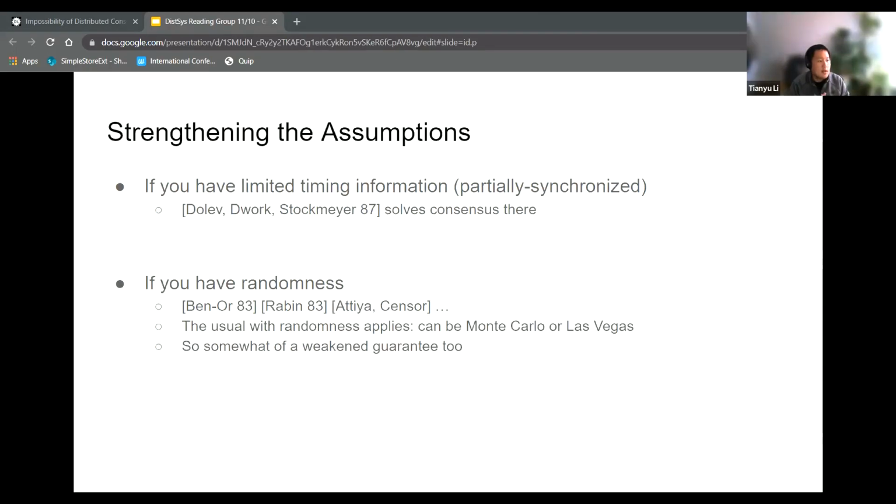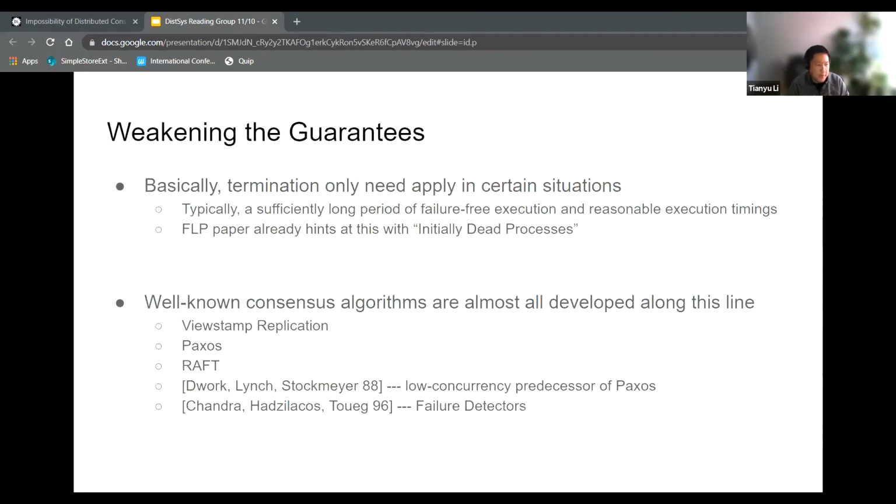Okay, I'm not going to go into too much detail about assumptions. Here are a bunch of pointers to work in this area. You can check it out offline. I'll send the slides to the Slack channel. Let's focus on the guarantees. Basically, termination only needs to apply in certain situations. Typically, if you have a sufficiently long period of failure-free execution and reasonable execution timings, that is, a processor doesn't take forever to execute one instruction, you can actually solve this problem.